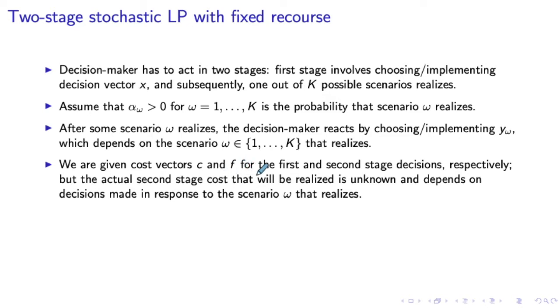So we are optimizing the expectation of this sum of two costs for the first stage and the second stage, but the actual second stage cost that will be realized is not known until we know the realization of the scenario omega, at which point we just compute f transposed times y omega for that particular omega, and that will be our actual cost that we will encounter in practice.